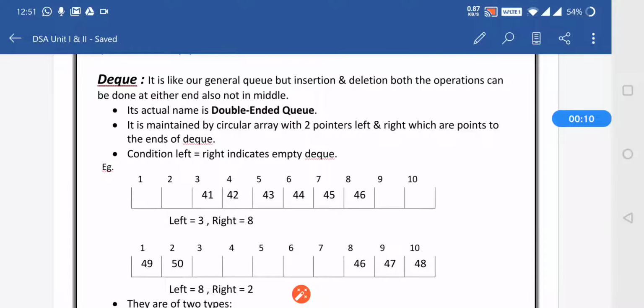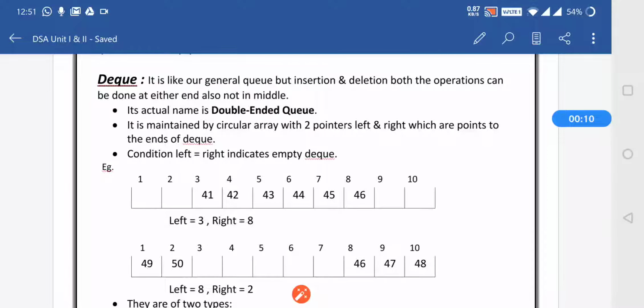So basically there are two types of DQ, that is input restricted DQ and output restricted DQ. So what is input restricted DQ? In input restricted double-ended queue, the deletion can be done on both the ends, but insertion can be done on only one end of the list.